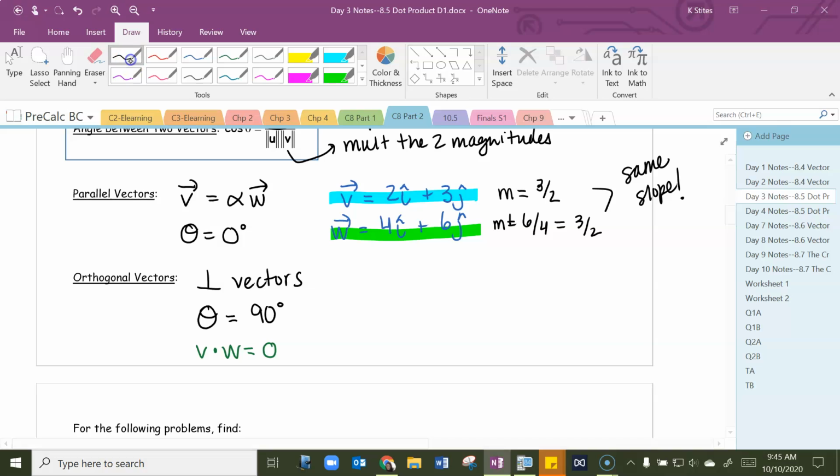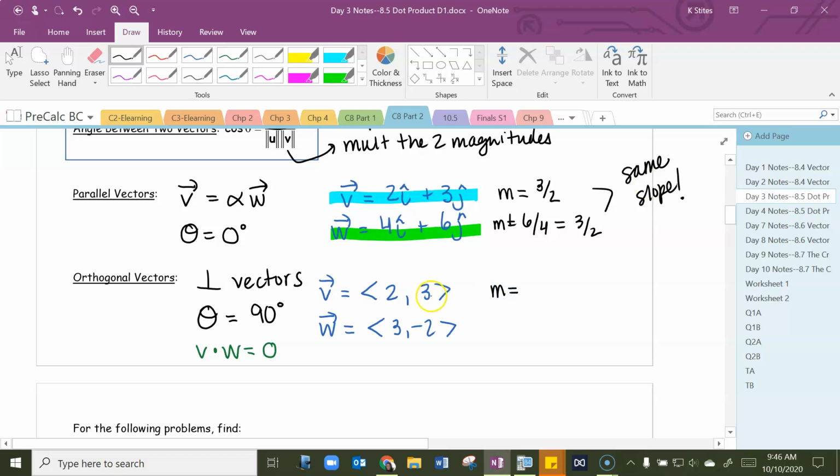All right, let me give you an example of some orthogonal vectors. Let's say we have <2, 3>. I'm just writing it in angle bracket form this time. That's going to be vector v. And its orthogonal vector, I'm going to write as <3, -2>, vector w. Now, first of all, here's how I know these are orthogonal. We should know that perpendicular lines have opposite reciprocal slopes, so use the same idea that we did above with parallel.